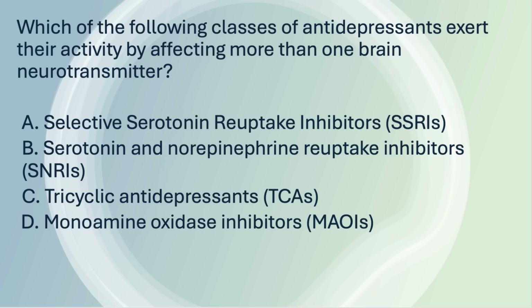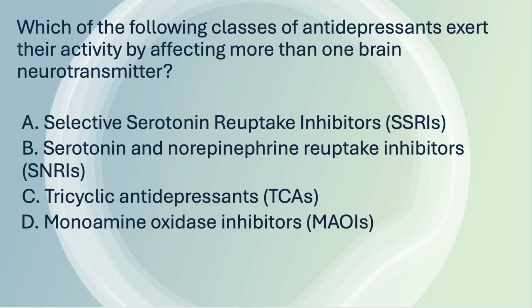And then C, tricyclic antidepressants or TCAs. They inhibit the reuptake of serotonin and norepinephrine like SNRIs, but they also block histamine and other alpha-adrenergic receptors, which leads to more side effects. This is like amitriptyline or nortriptyline. You don't even see these prescribed a lot.